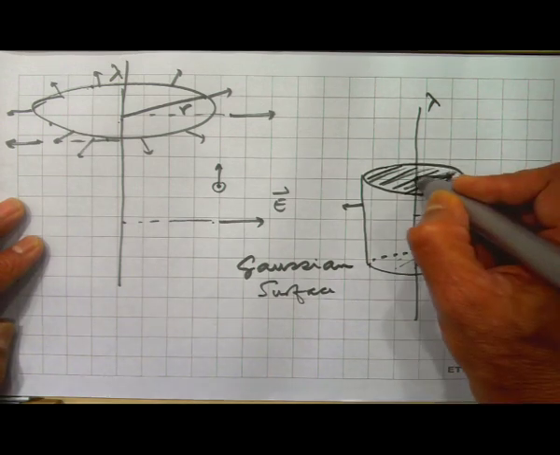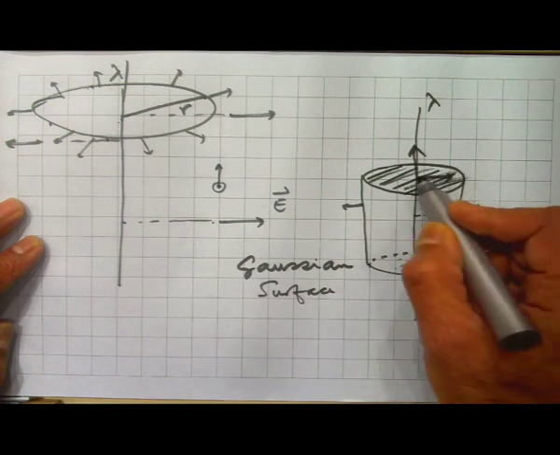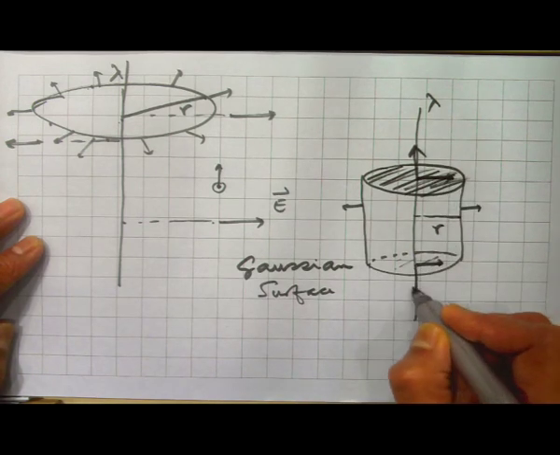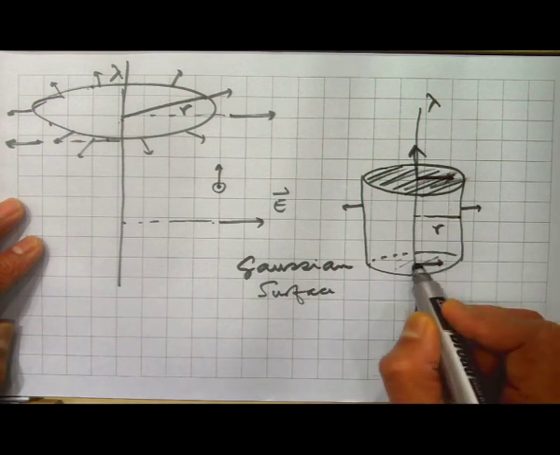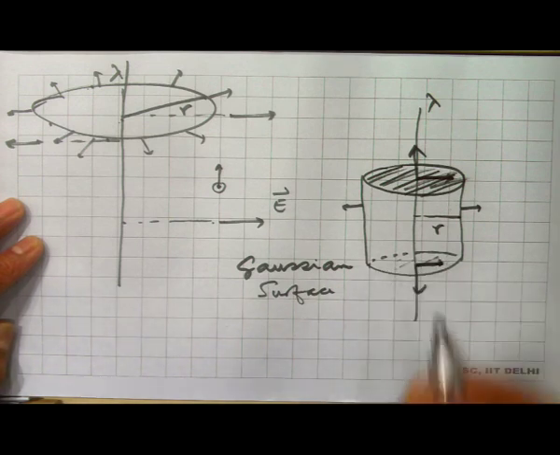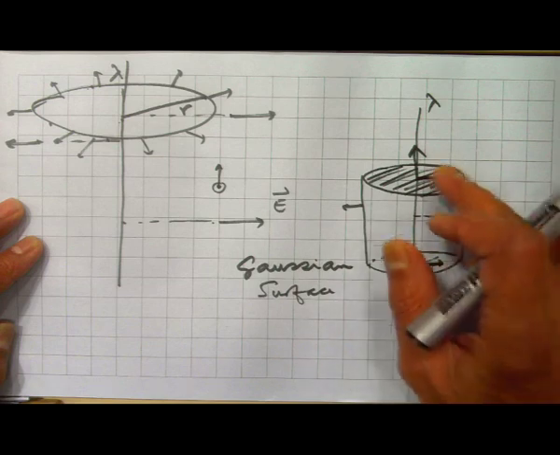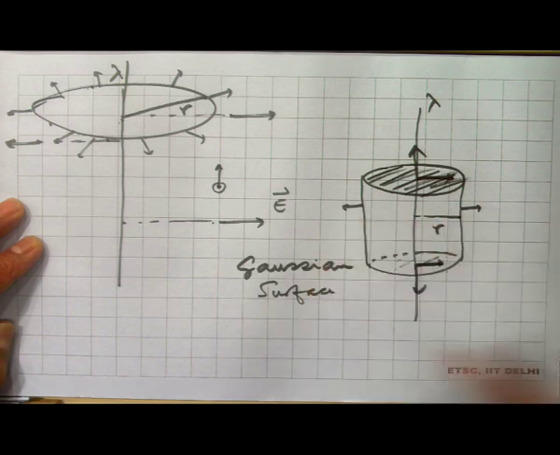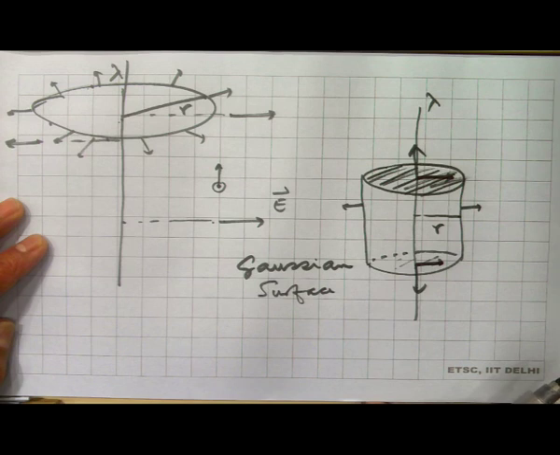On the upper surface, the area vector is like this, and the electric field is parallel to the surface. So, the dot product is 0. Here the outward normal is like this and the electric field is like this. So, there is no flux crossing the upper surface and the lower surface of the cylinder. The only flux that is crossing is through the cylindrical surface, and at all points on the surface of the cylinder, the electric field magnitude is the same.